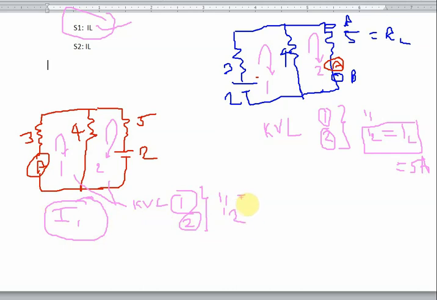Now I1 is equal to my load current, because my ammeter is there. That is my load current. So you see the same answer, 5 amps. This is the method you use to validate or verify your current value.